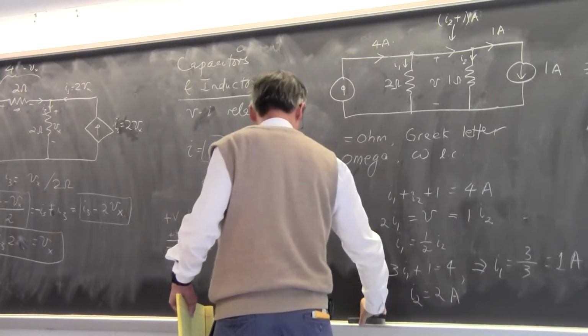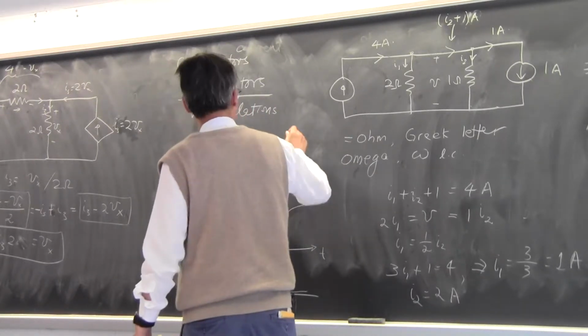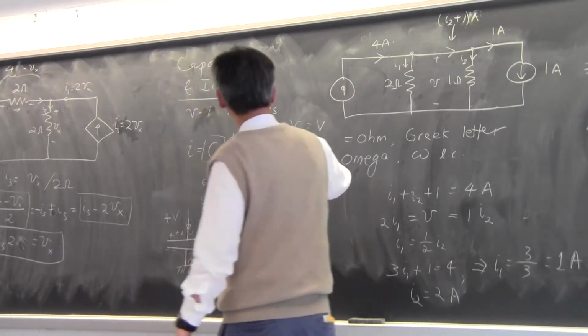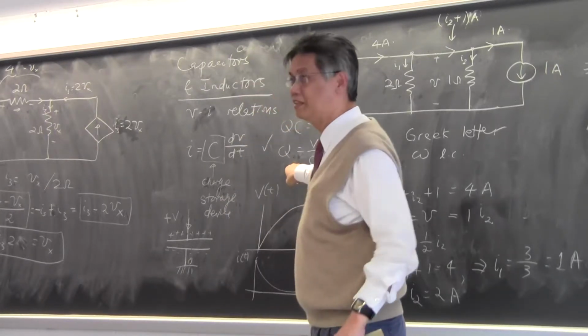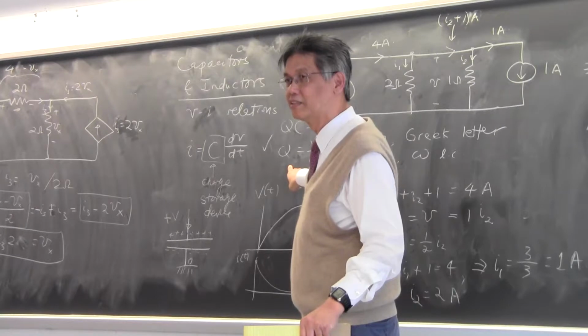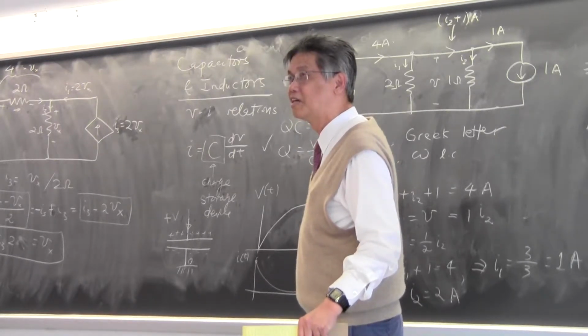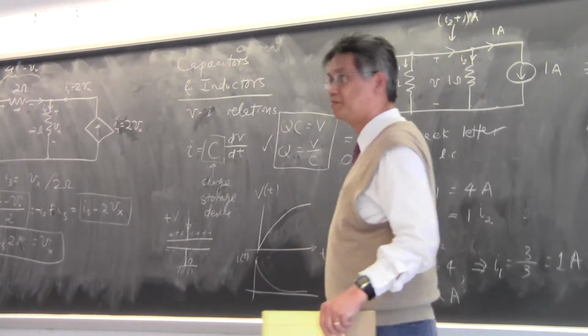No. That is wrong. Okay, that's wrong. C is not QV. C is something else. Okay. QC equal to V. Okay, which means that Q is V over C. The amount of charges you can push into a capacitor is proportional to the voltage you apply. And this is a constant. This constant doesn't change. Okay, so this is how a capacitor behaves.